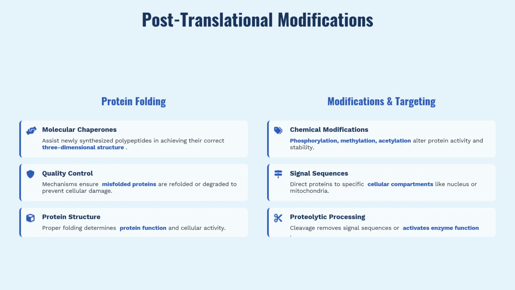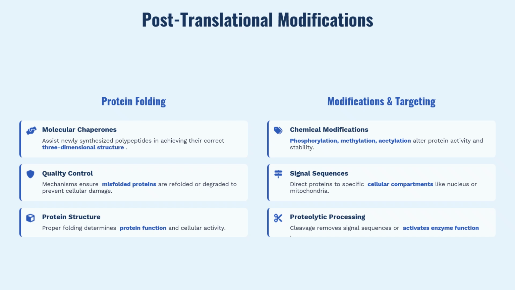Post-translational modifications are chemical changes that occur to proteins after they have been synthesized by ribosomes, and these modifications are crucial for protein function and localization. Protein folding is often assisted by molecular chaperones that help newly synthesized polypeptides achieve their correct three-dimensional structure.